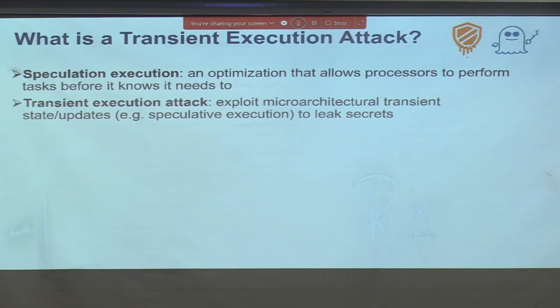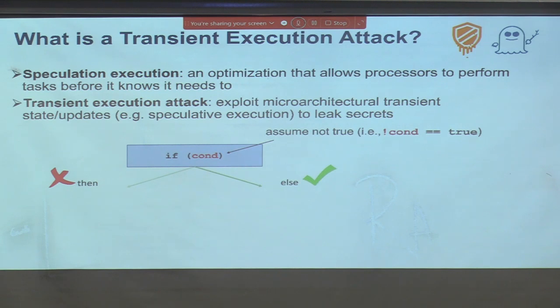Speculative execution is a good example of this, where the branch may be predicted one way, but it's supposed to be executed another way, and then the processor goes ahead and goes down the wrong path, and there are microarchitectural updates that happen even after the rollback that an attacker can observe.